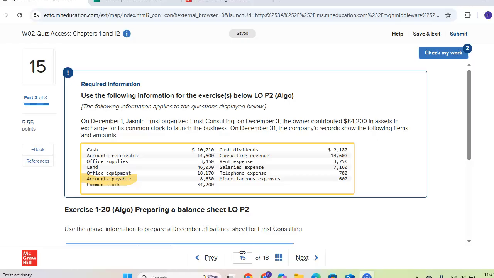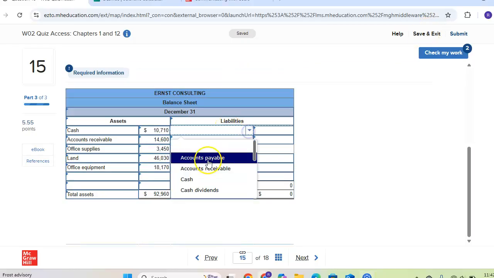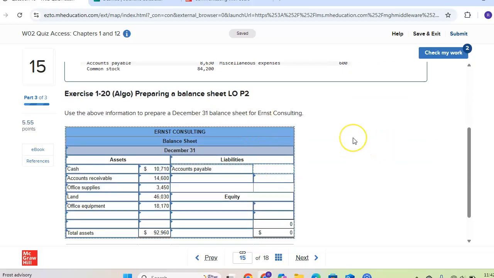They're not an asset, but the company is, quote unquote, liable for this money to other people that they've either borrowed from or been given credit by. So it'd be accounts payable, which would be 8,630.